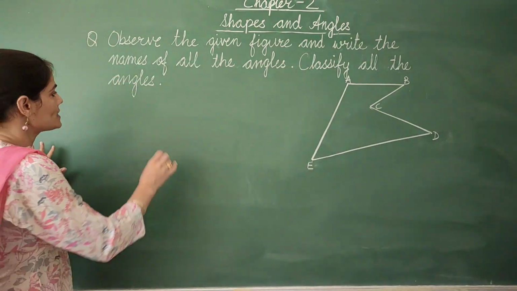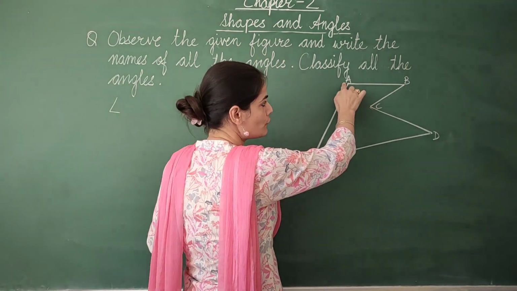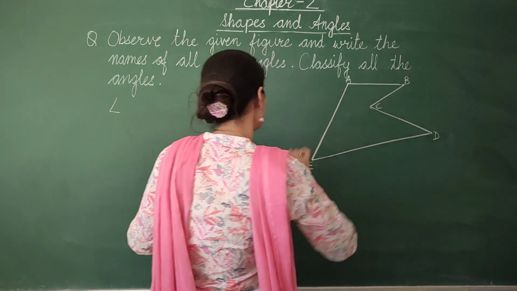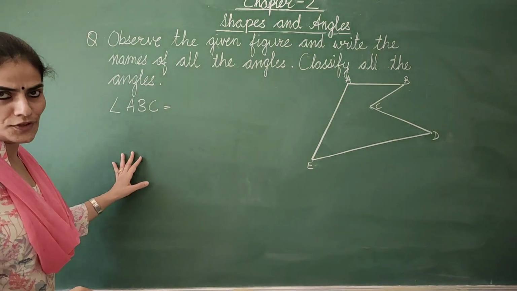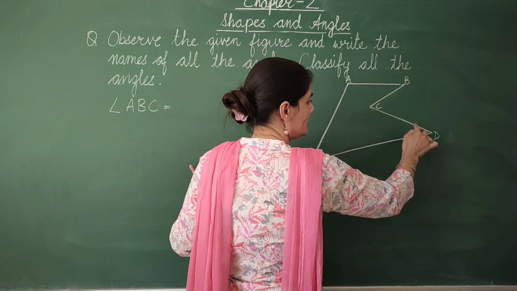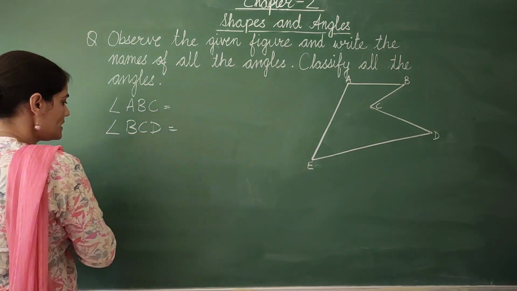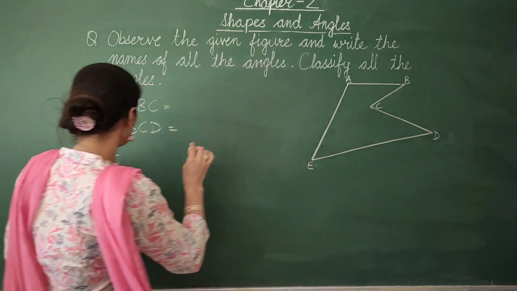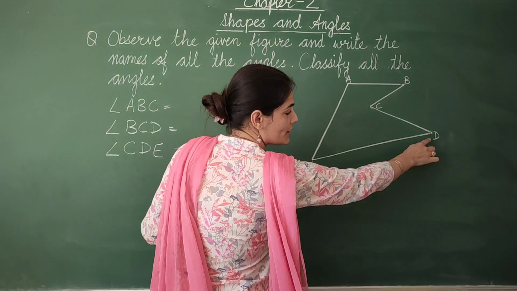So, let's write the names of the angles first of all. I'll begin from top and from letter A itself. Let's write angle A, B, C. This way, we don't skip any angle and we don't get confused also. Now I'll begin with letter B. Angle B, C, D. The next angle is angle C, D, E. Now I move to the next letter.